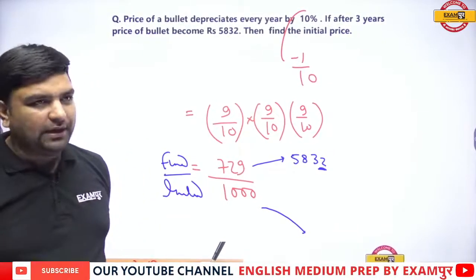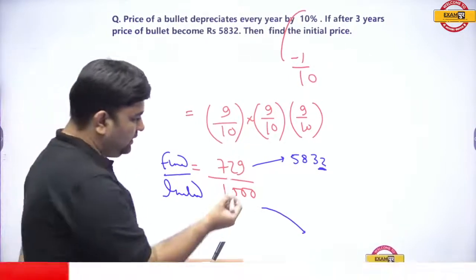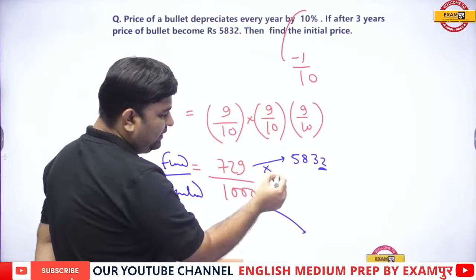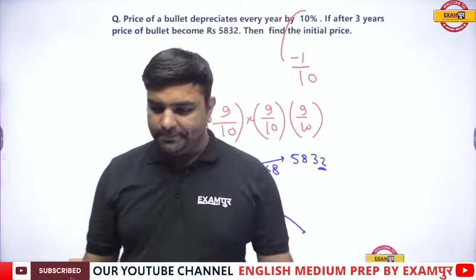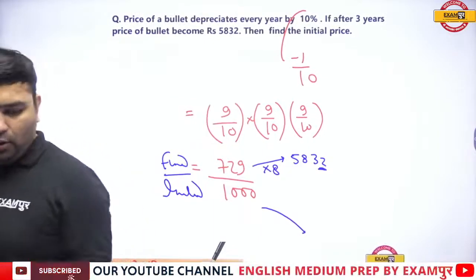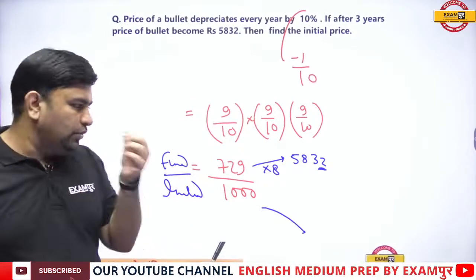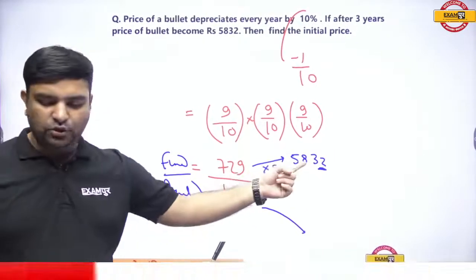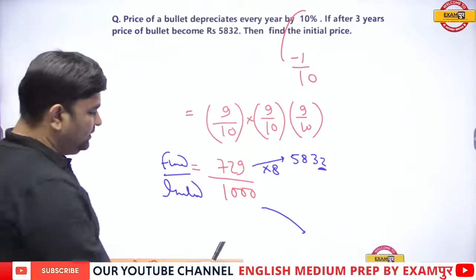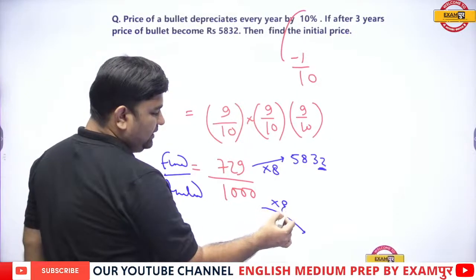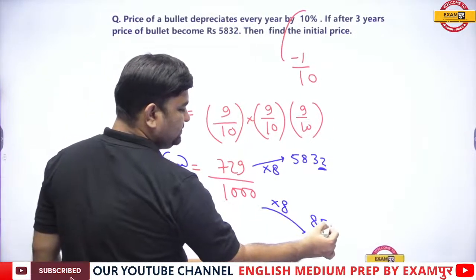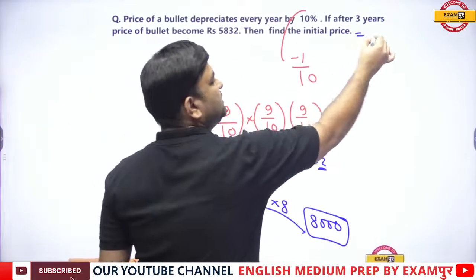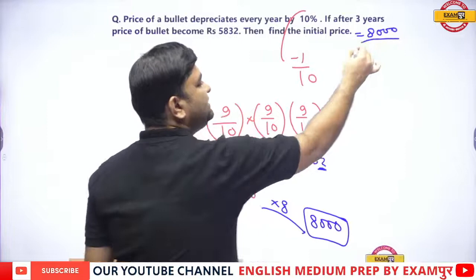Can you feel the multiplication of 8 over here? 9 8s are 72, 7 8s are 56. Looking like a complete multiplication of 8. You can cross-check it as well. 9 8s are 72, 7 16 plus 7 is 23. So initial value was 8 into 1000, 8000. Is it 100% clear, guys?